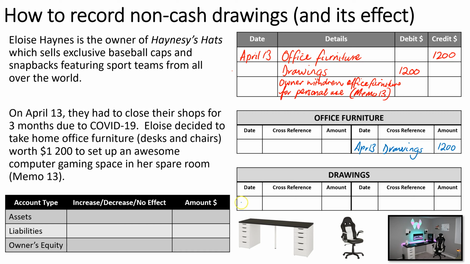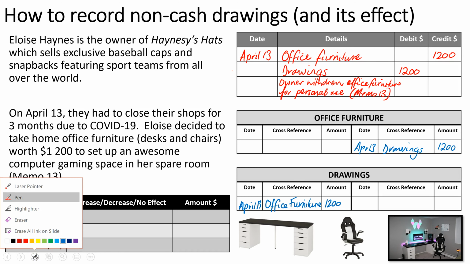In the drawings account on April 13, there would be $1,200 showing the increase in drawings, and the cross-reference is showing where its friend is. And that's going to be office furniture. So a fairly straightforward recording in our general ledger there.